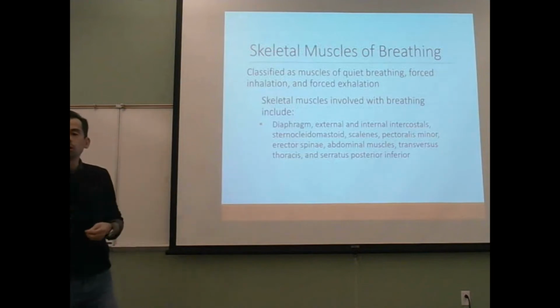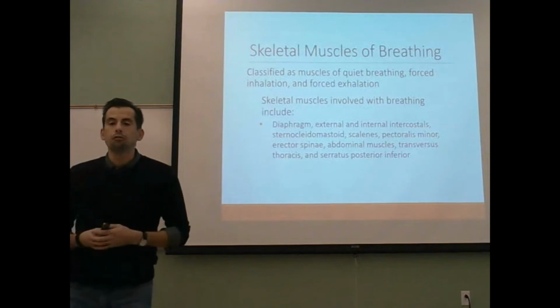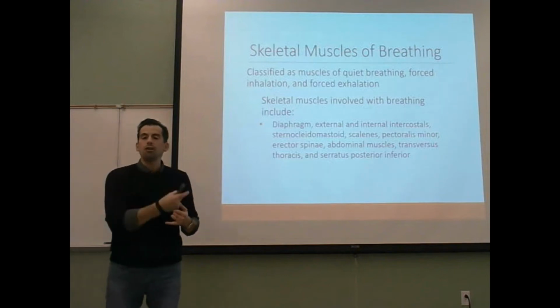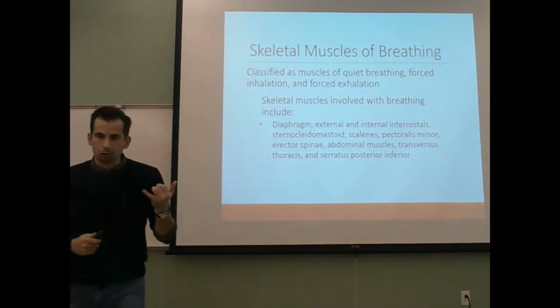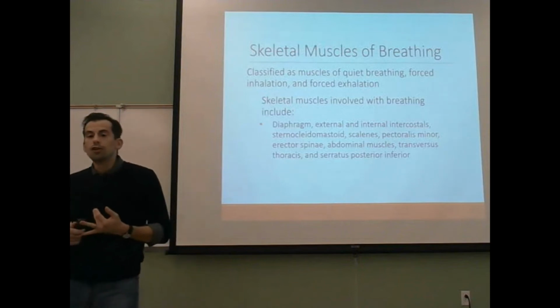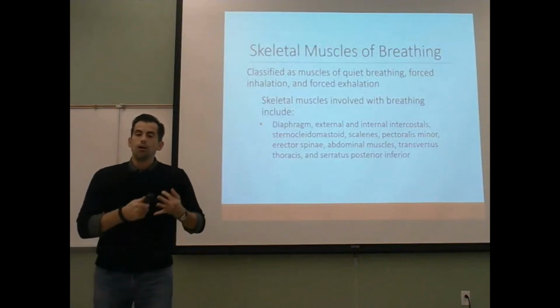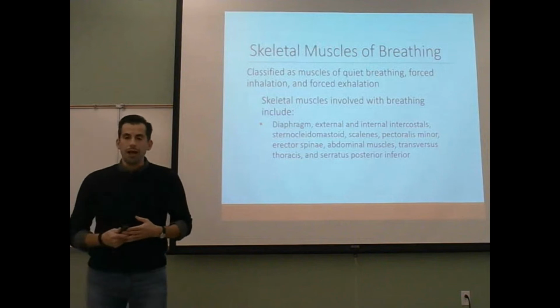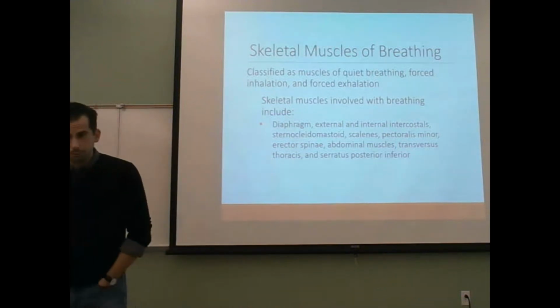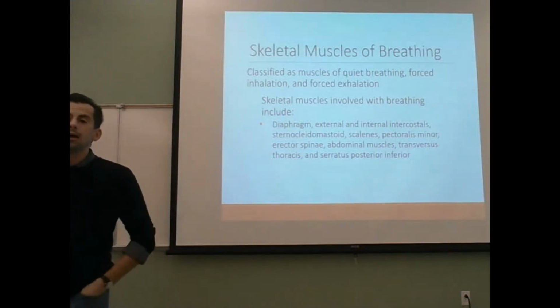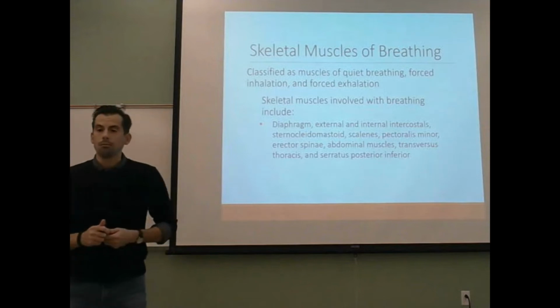The skeletal muscle is only going to get involved when we are actively breathing. Think about the ventilation that you would undergo during exercise. The ventilation you would undergo if you were yawning, coughing, blowing out birthday candles, blowing up a balloon, taking a deep breath in before you dive underwater.